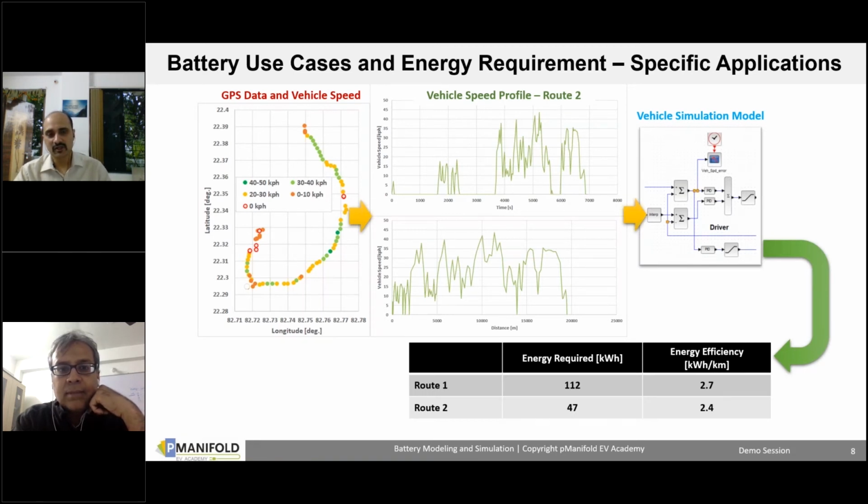You model the algorithms in Scilab or MATLAB Simulink, and you test that with your hardware model, which is your plant model, before going ahead with either auto coding it or coding it manually and implementing it on the microcontroller.